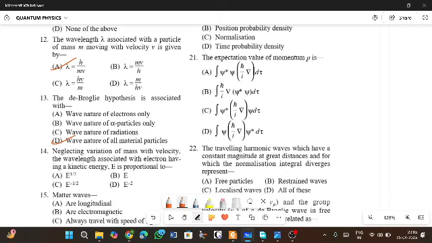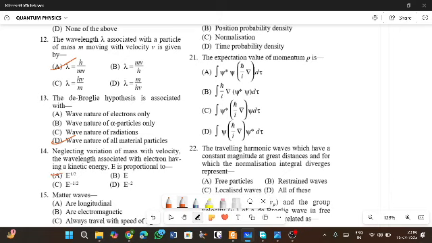Neglecting the variation of mass with velocity, for the wavelength associated with an electron having kinetic energy E, we can write E is equal to half m v square. Since m is constant, v square is proportional to E, so v is proportional to square root of E. So option A is correct.